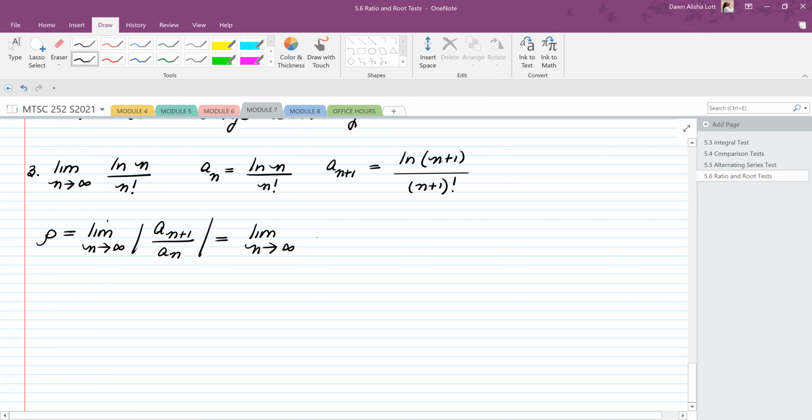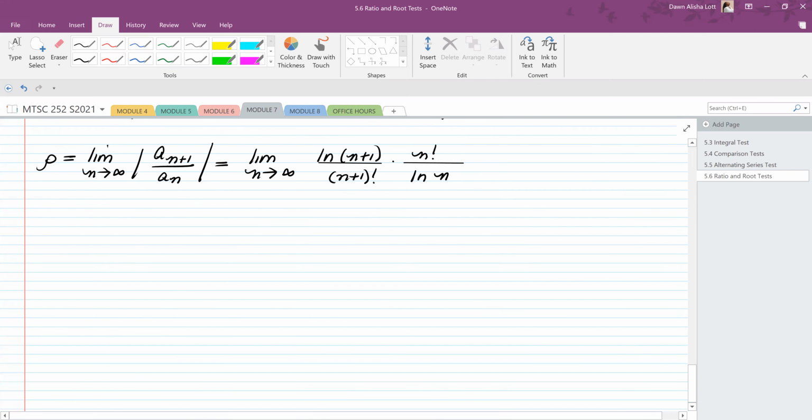So I'm going to end up with the log of n plus 1 divided by n plus 1 factorial. And that's going to be times n factorial divided by the log of n.